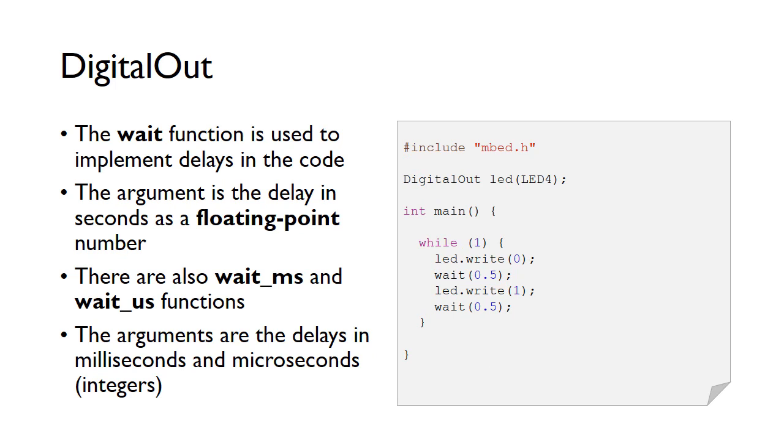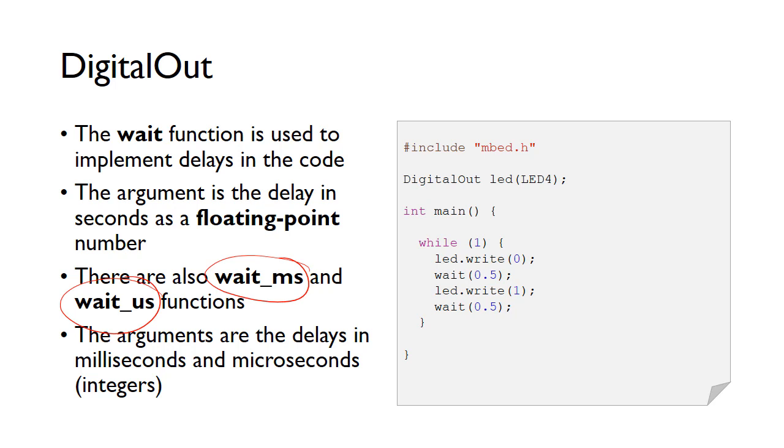So we saw the wait function there. We use that to implement delays, and the argument is a floating point number, so either a floating point or decimal number. There are also some other functions: wait_ms for wait milliseconds and wait_us for wait microseconds.